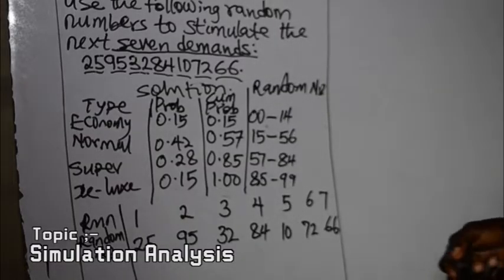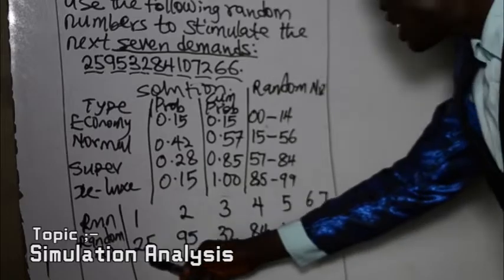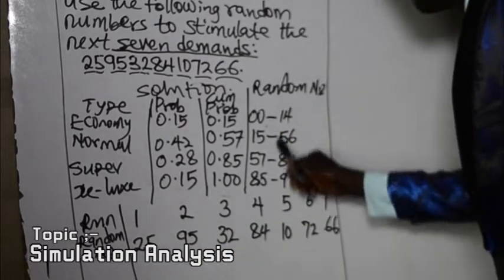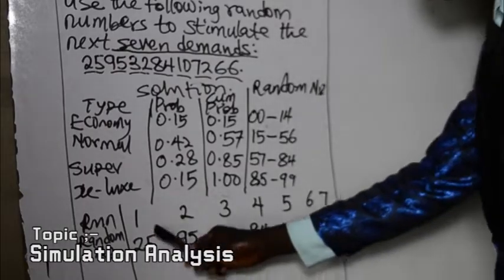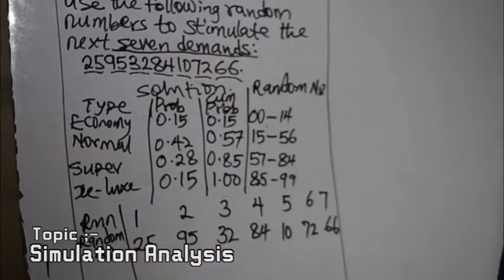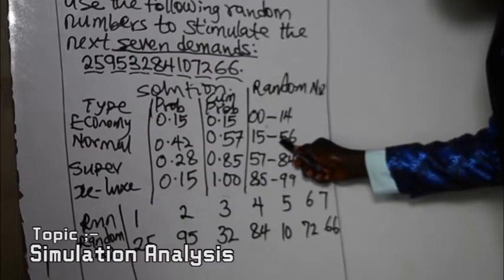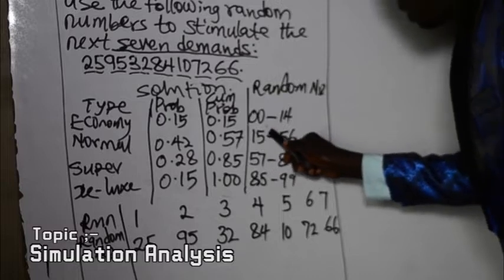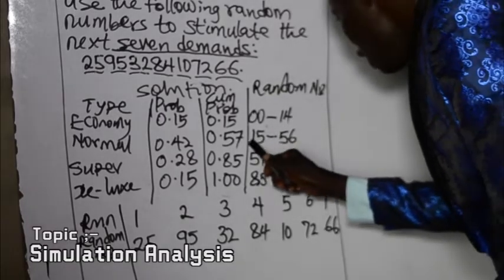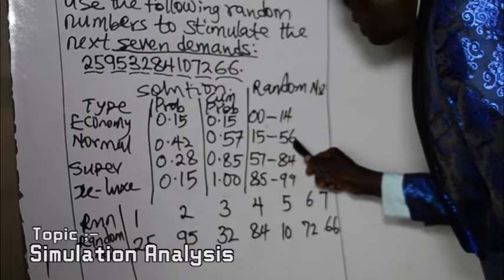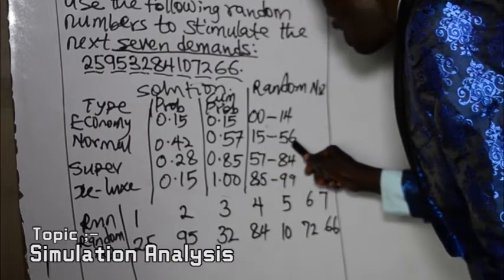Now, the next thing is to check where these random numbers are feasible. The first one is 25. You cannot obtain 25 between 0 and 14, but 25 falls between 15 and 56. Since 25 is in this range, it is feasible here.